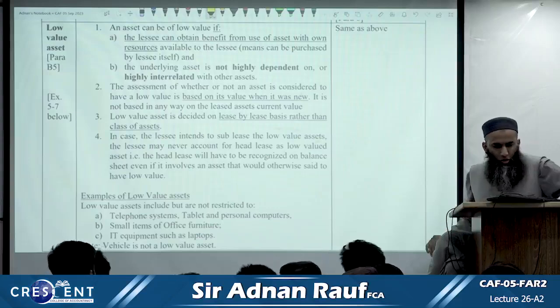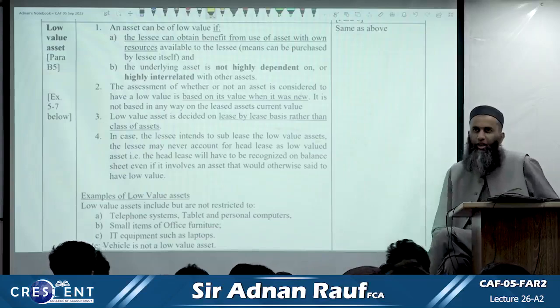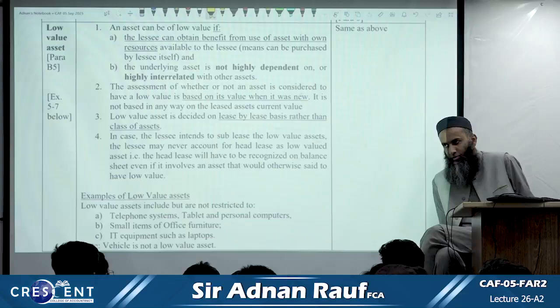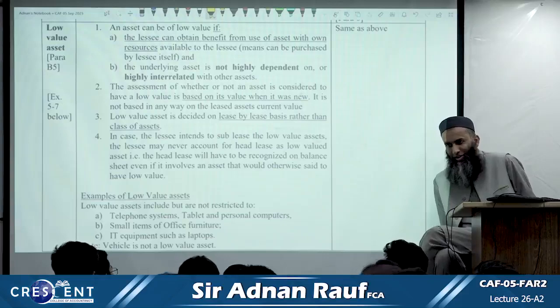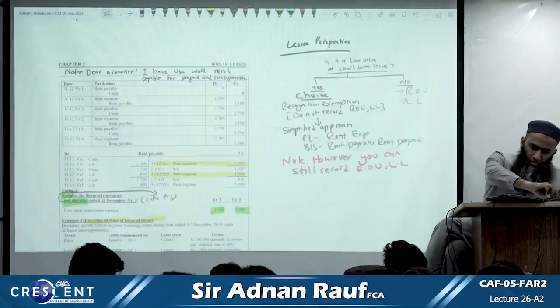Okay, low value. A low-value asset is an asset which has 2 characteristics. One is low and the other is value. A low-value asset is an asset which has how many characteristics? 2 characteristics.